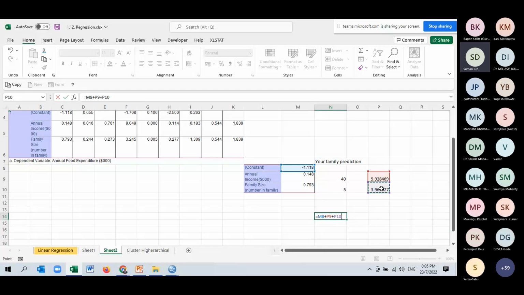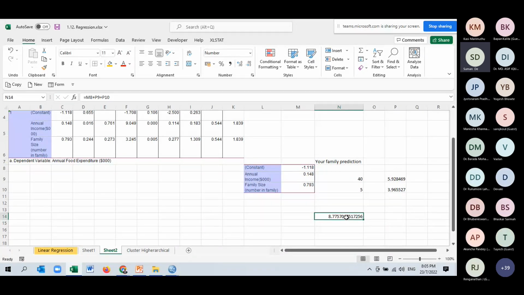Your income is $40,000, family size of 5. This much in $1,000 you may spend from your income based on this hypothetical data.